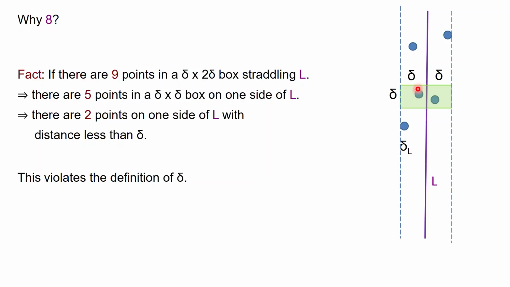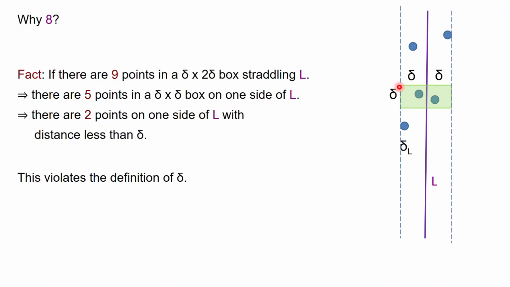And why is that? Because if you happen to have 9 points in a delta by 2 delta box, since you have 9, and there are 2 squares here, one of the squares must have at least 5 points. Of these 9, at least 5 must lie in the same square.